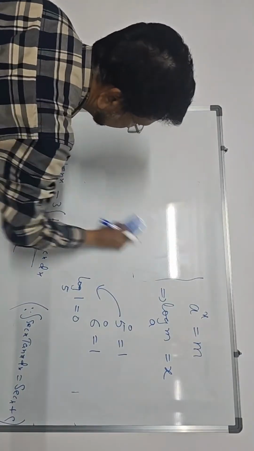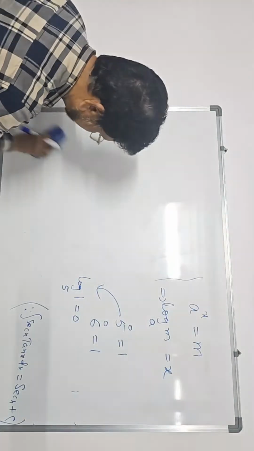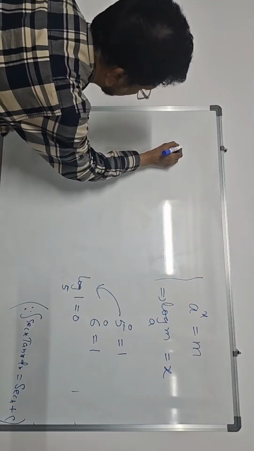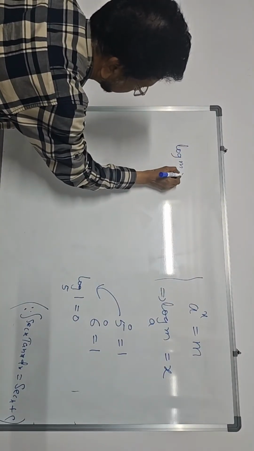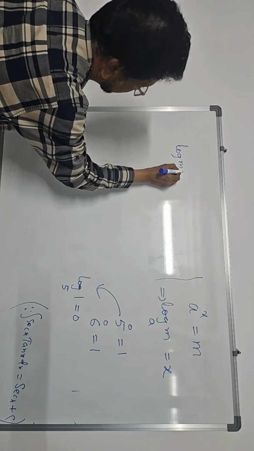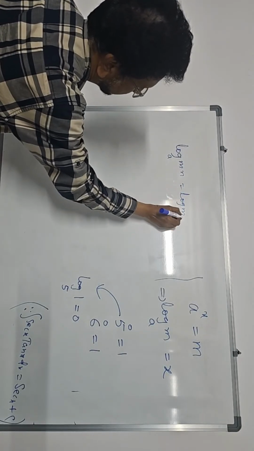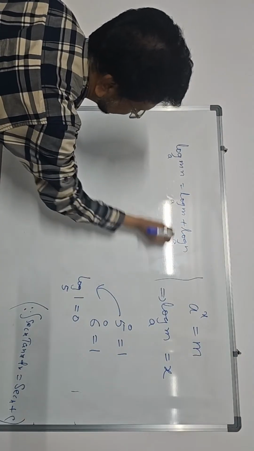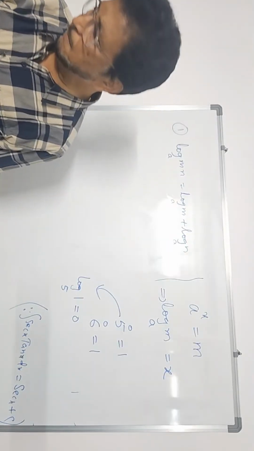Now, some basic formulas I will give you about logarithm and we will finish our today's class. Logarithm of mn base a is equal to log m plus log n. What is base? Base is same. First formula: log mn is equal to log m plus log n.